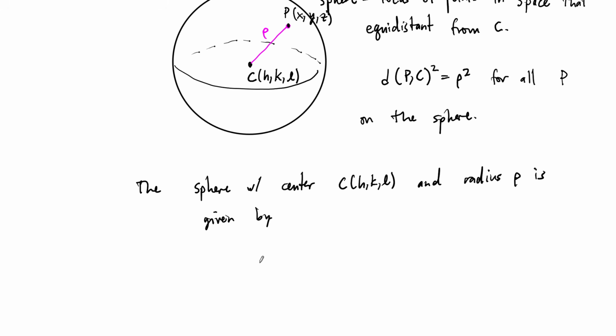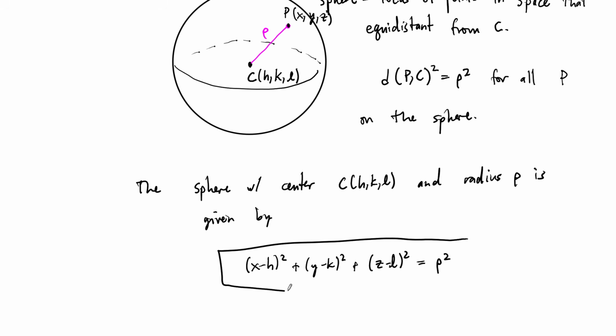The distance squared is just going to give us (x minus h) squared plus (y minus k) squared plus (z minus l) squared. I'm just taking our distance formula applied to these two points. We don't need the square root because we squared it. And what does it equal? On this side, it equals rho squared. All right, so this is the equation of a sphere with radius rho centered at (h, k, l).